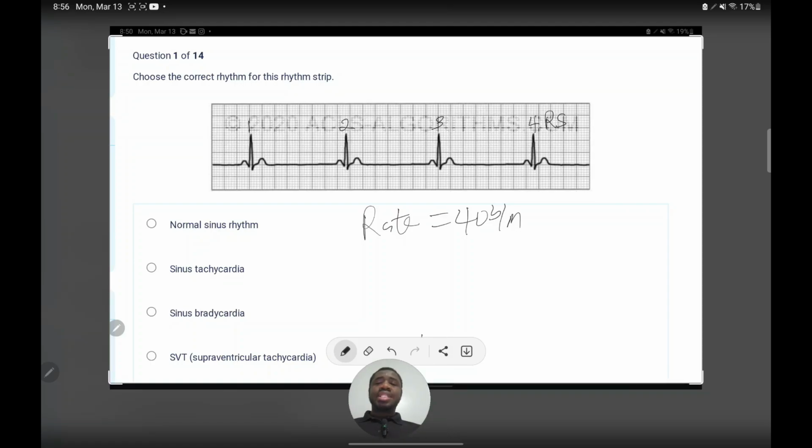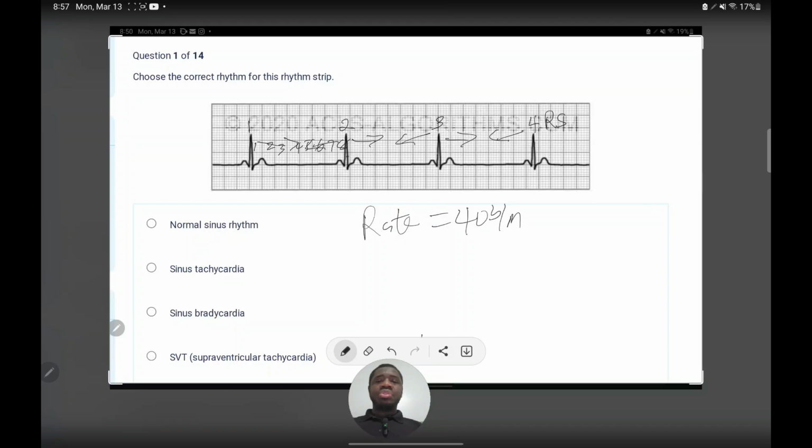We can see that the distance from arc to arc is almost equidistant. Another way to note this is to calculate the number of big boxes. For instance, from this arc to this arc, how many boxes do we have? We have 1, 2, 3, 4, 5, 6, 7, 8.